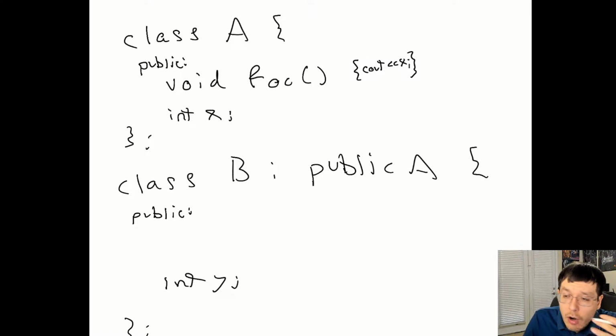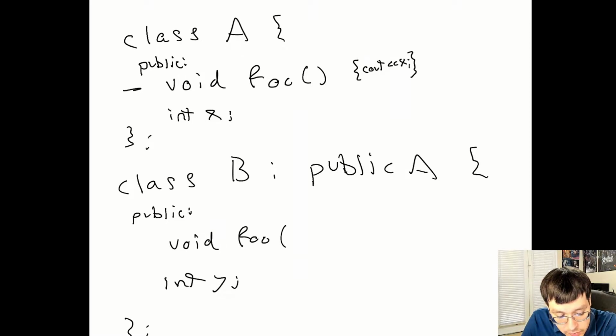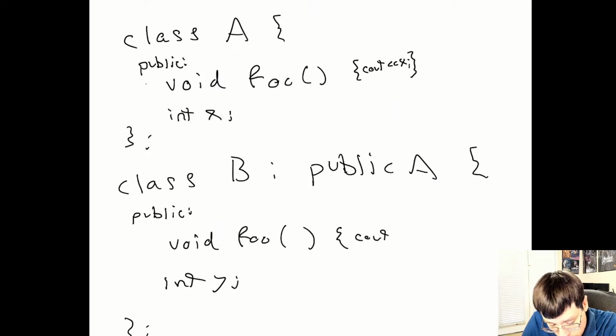So you're not overloading it, because you still want to call it with the same parameters, but you want to modify what it does. So in this case, you're not just overloading, you're overriding it. You're completely replacing it in this inherited class. So any B that you make is not going to run this one, it's going to instead run this one here. You do that by just writing the function name, and let's say this one is going to cout x, but it's also going to cout y.